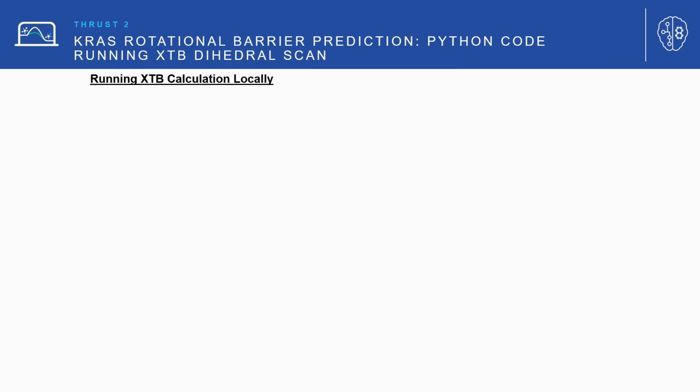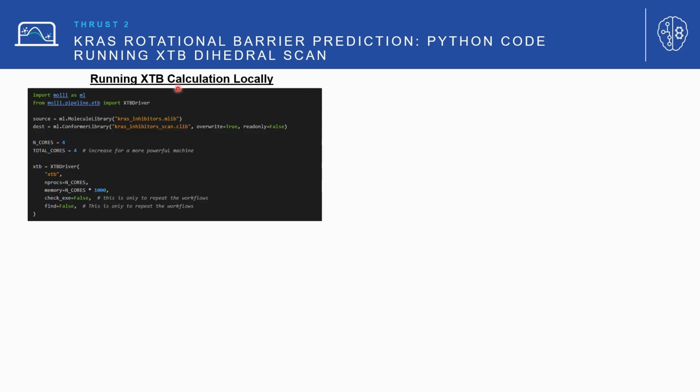Now, if we want to take this MOLecular LIibrary and actually run an XTB calculation locally, this is what that looks like. If we import molli as well as its associated XTB driver, we can take our source library, which is the one we wrote to previously, and then indicate a destination conformer library for all of the different dihedral conformers along the scan, the number of cores and the total possible cores, and then initiate the XTB driver with these parameters.